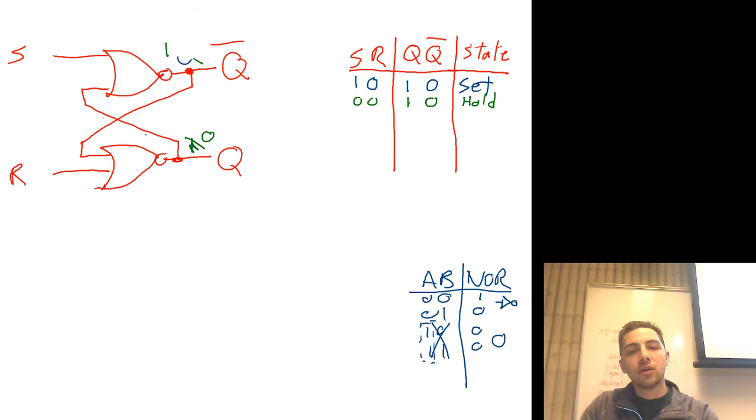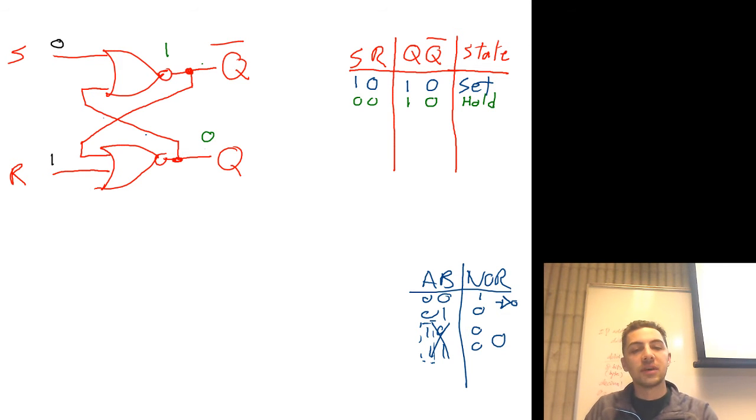Okay. The only thing we know right now is that we currently have a state of Q being 1. If I now change this to a 0 on set and a 1 on reset, we go through this again. All right. We know that anything NORed with a 1 is going to be a 0. Oh, yes, it is.